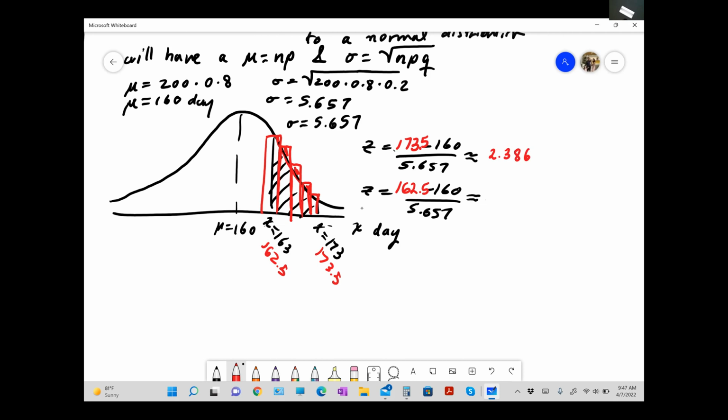And 162.5 minus 160, divided by the square root of 32, comes out to 0.442. Now all we have to do is go to our table. 2.386, so we look up 2.38 and we get 0.9913.